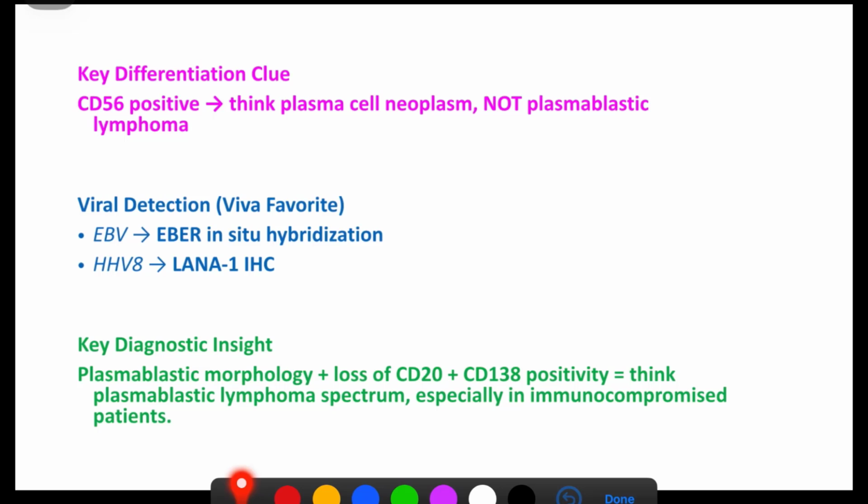And whenever you find plasmablastic morphology, loss of CD20, positivity of CD138, think plasmablastic lymphoma spectrum, especially in an immunocompromised patient where they may have HIV, HHV8 or EBV association.